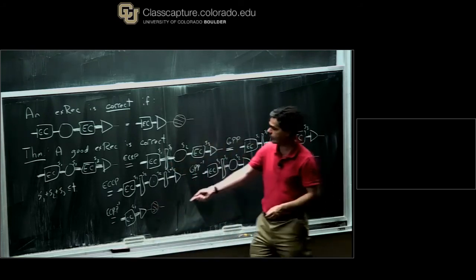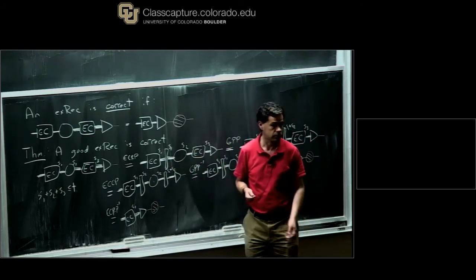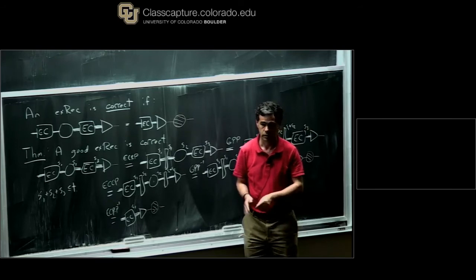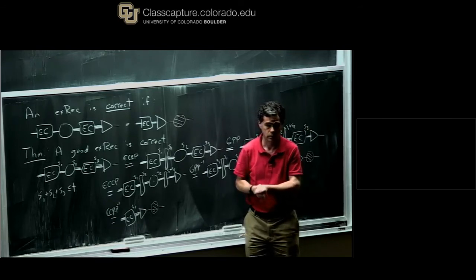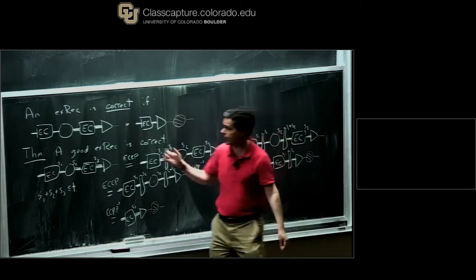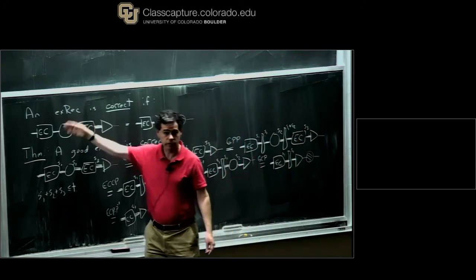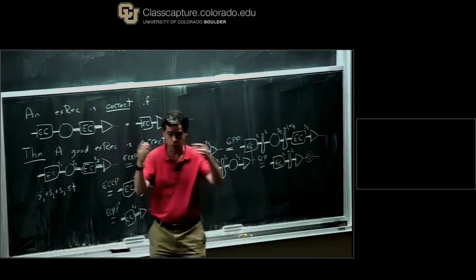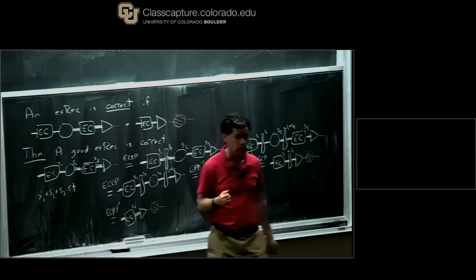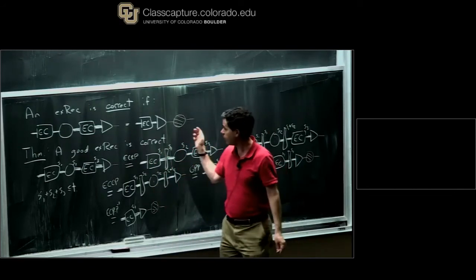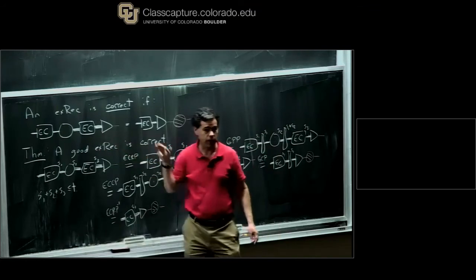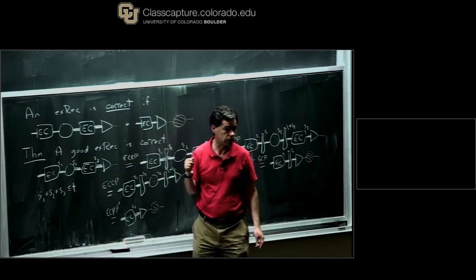Okay, and that's what we wanted to get. So again, the intuition here is that if there's not too many errors anywhere, or total cumulative, in this XREC, then the logical gate here is the correct logical gate.